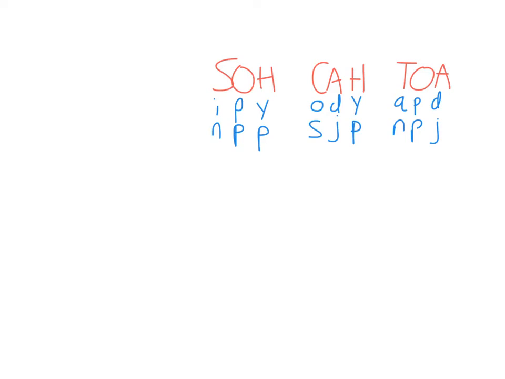There are three ratios that you need to know: the sine ratio, abbreviated sin, the cosine ratio, abbreviated cos, and the tangent ratio, abbreviated tan. This is the one we looked at on the previous slide. To know what the ratios are, this is the acronym you need to know: SOH CAH TOA. Sine is opposite over hypotenuse, cos is adjacent over hypotenuse, tan is opposite over adjacent.